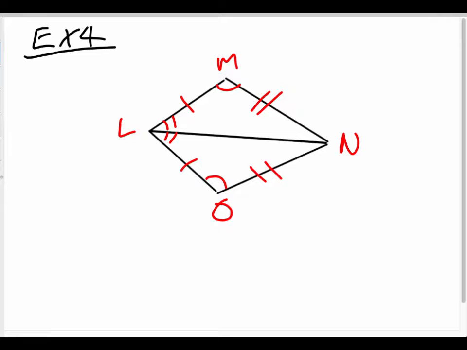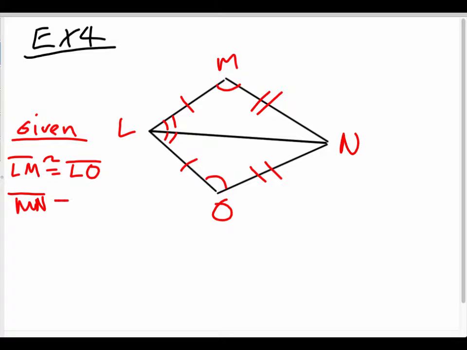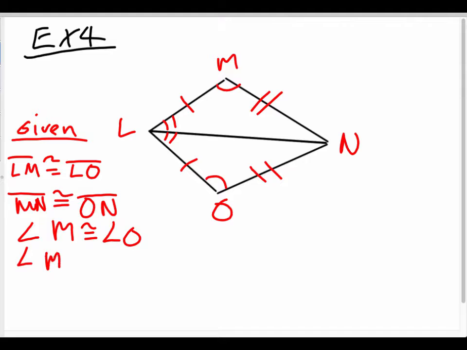Given the following information, line segment LM is congruent to line segment LO, line segment MN is congruent to ON, angle M is congruent to angle O, and angle MLN is congruent to OLN.